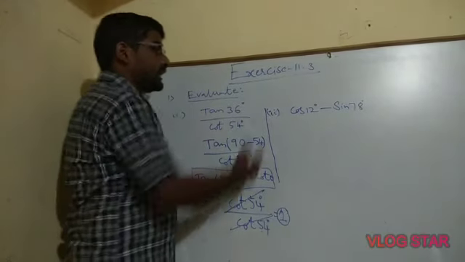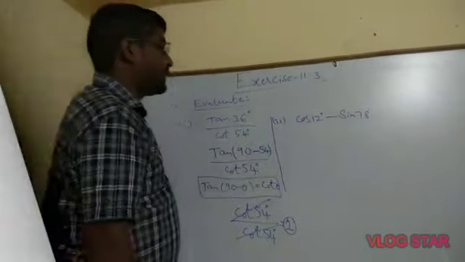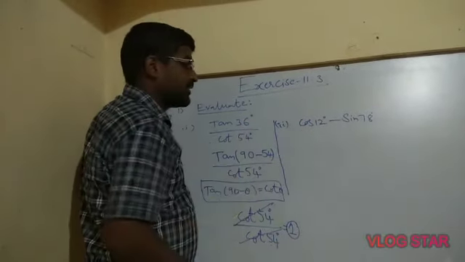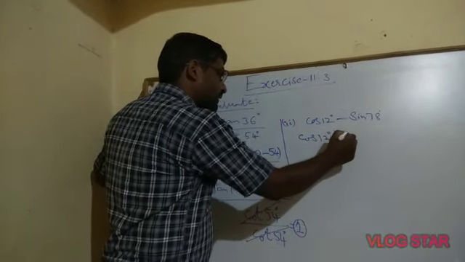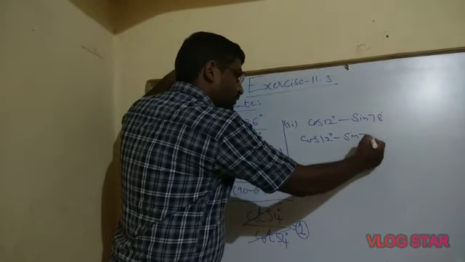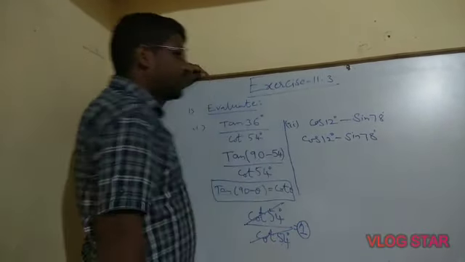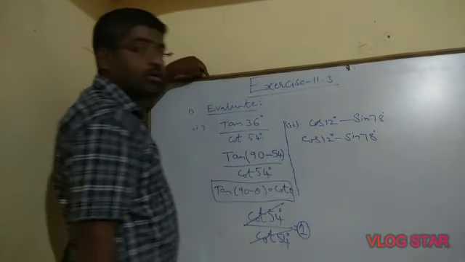In the same way, for the second problem, we know the relation between cos and sin: cos 12 degrees minus sin 78 degrees. Here also you can change any one of the degrees, either 12 degrees or 78 degrees, but don't change both.